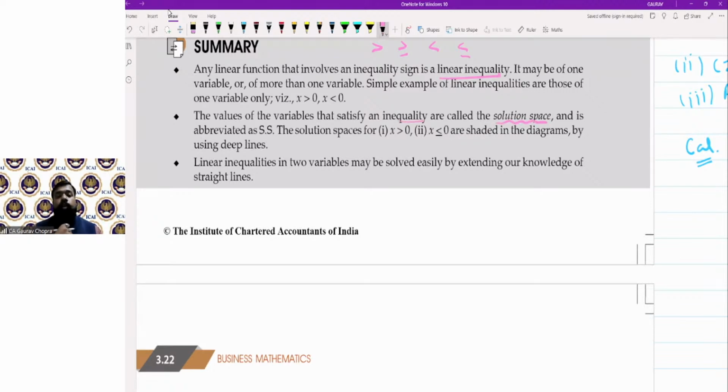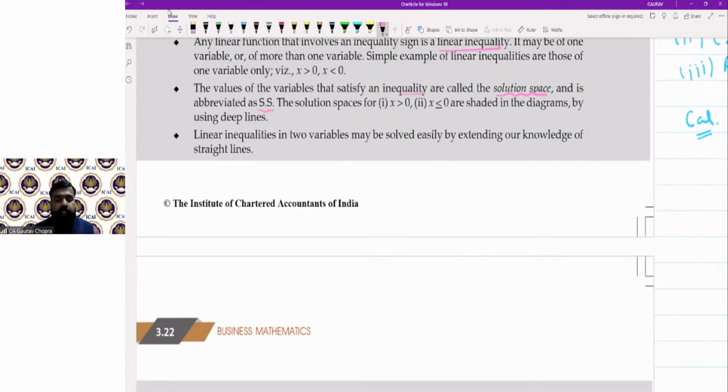The area that satisfies all the inequalities is called the solution space, also known as the feasible region. In short, SS can also be written. Then we solve linear inequalities using graphical lines, and then we mark the common region or the shaded area.